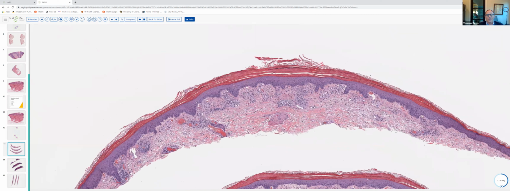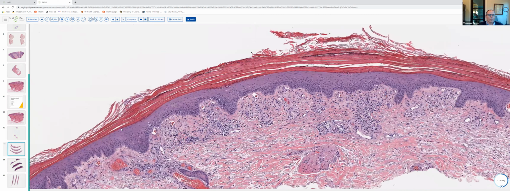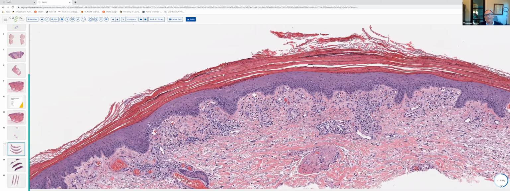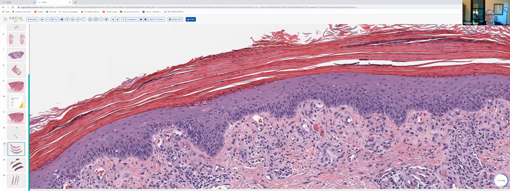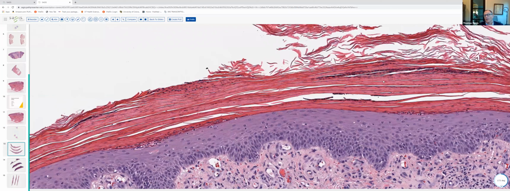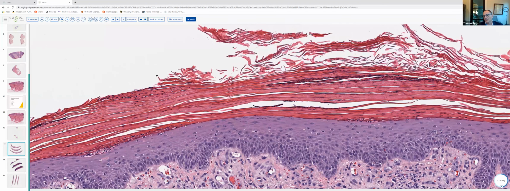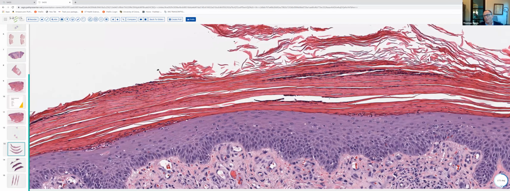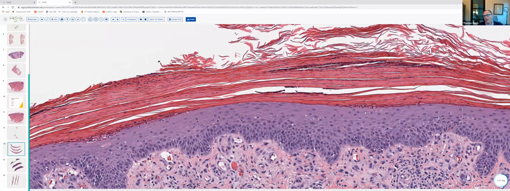Well, again, we've got extensive confluent parakeratosis within a thickened stratum corneum, and at the summits of the parakeratotic foci, in many areas, we have collections of neutrophils. And note that there's not much serum here. We have a few neutrophils and subtle foci of spongiosis within the epidermis.